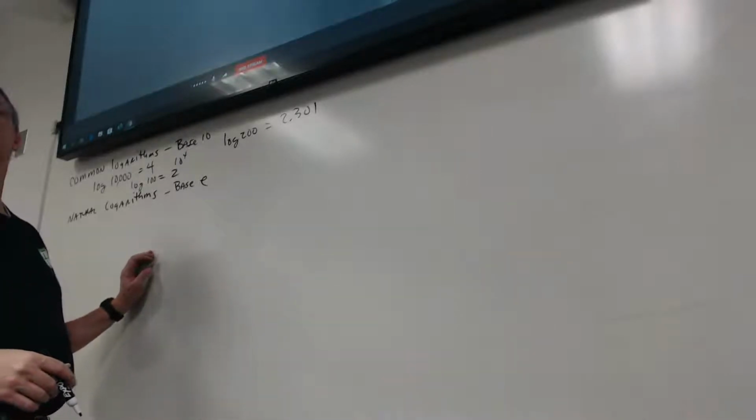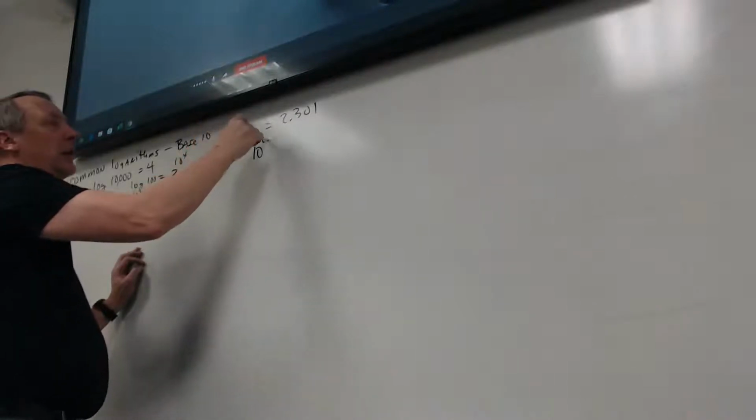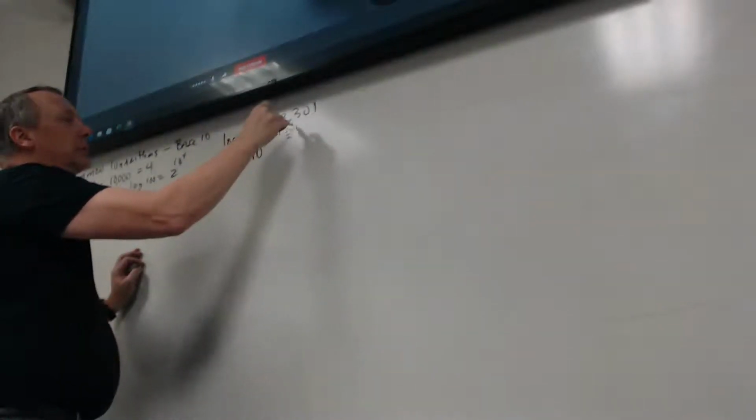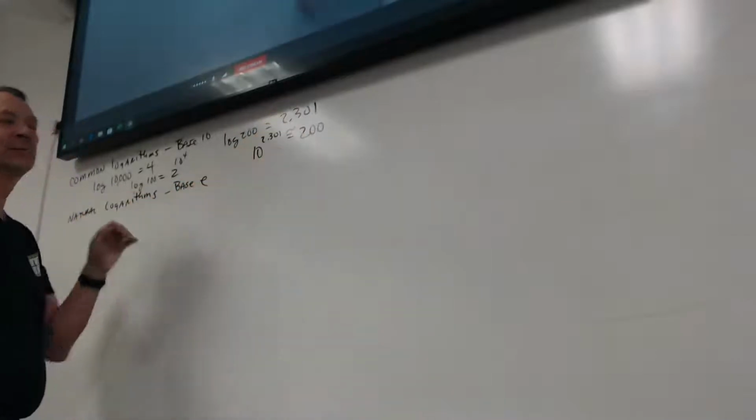Usually when we want you to use a calculator, go 4 decimals. I think Demi's got it. 2.301. And so you would write that as an exponential equation as what? 10 to the 2.301 equals approximately 200. Okay? All right.